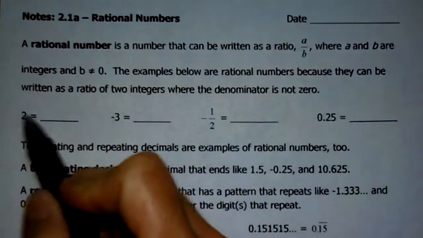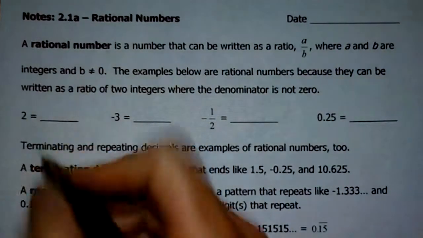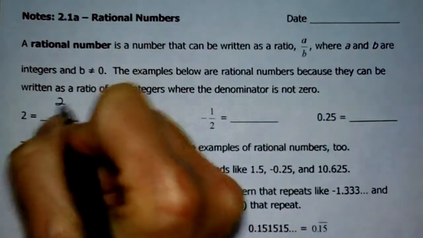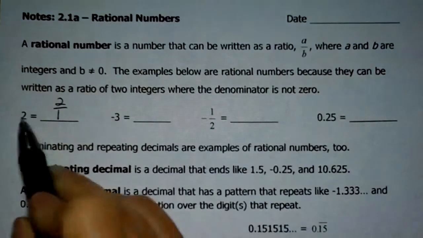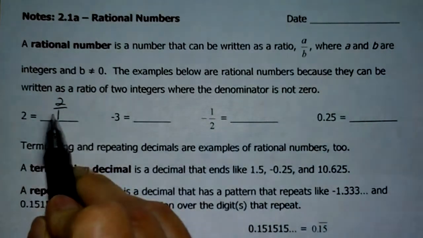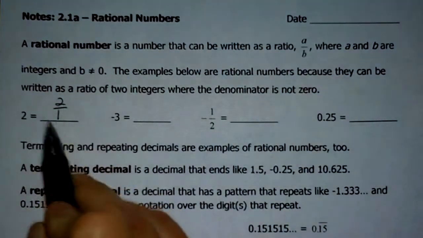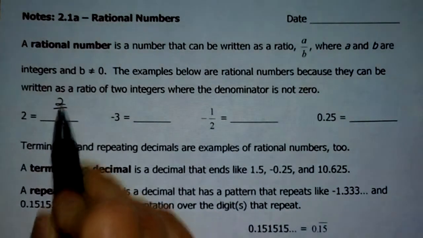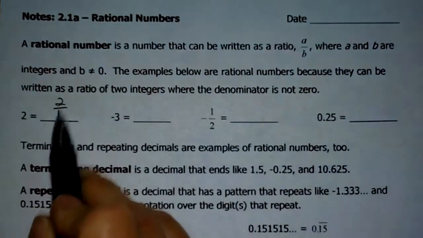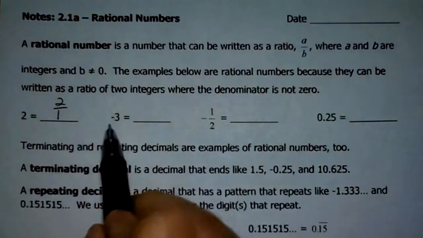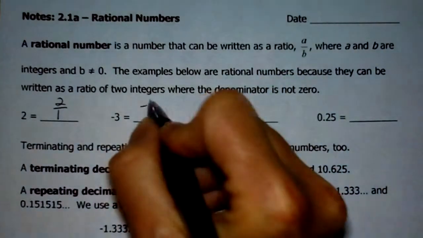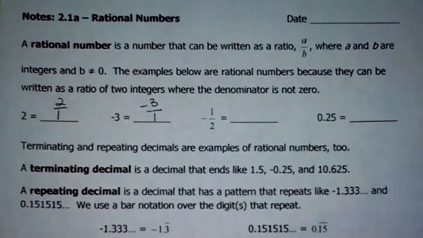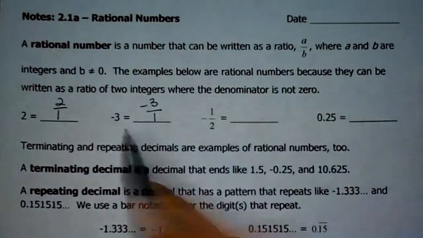So when you look at the number 2, I know the number 2 isn't a fraction, but 2 over 1 is. And those have the same exact value. So because I can write 2 as a ratio, and the denominator's not 0, and 2 and 1 are both integers, it's good. Same thing here, negative 3, I can write that as negative 3 over 1. So that's a rational number.